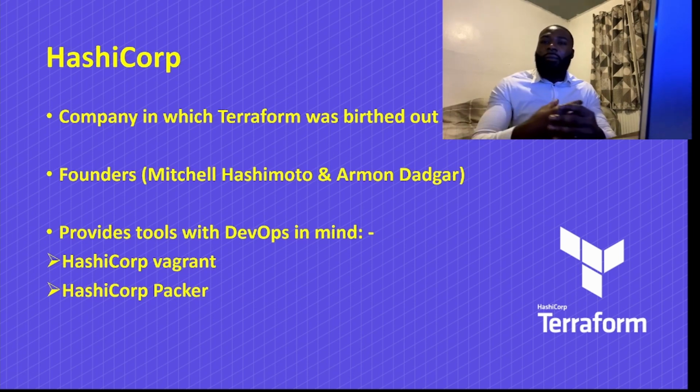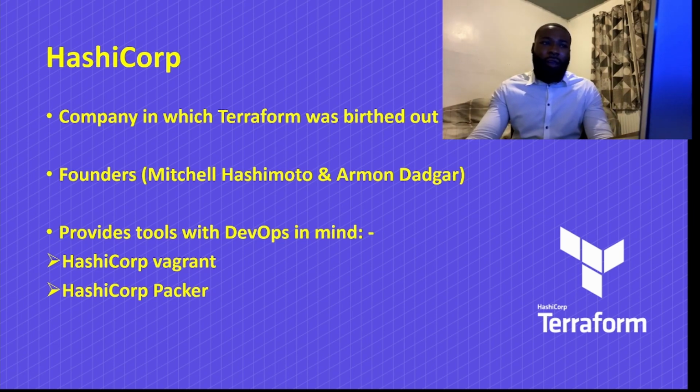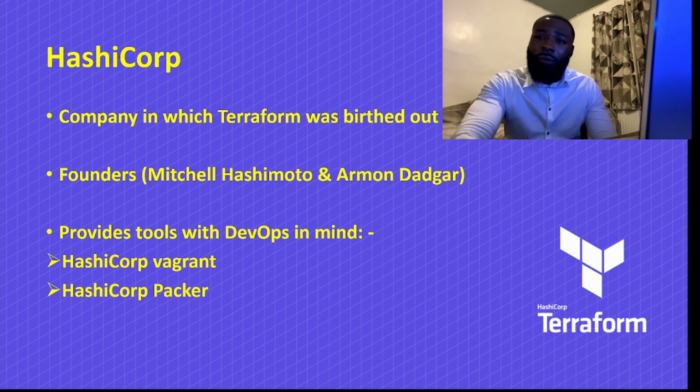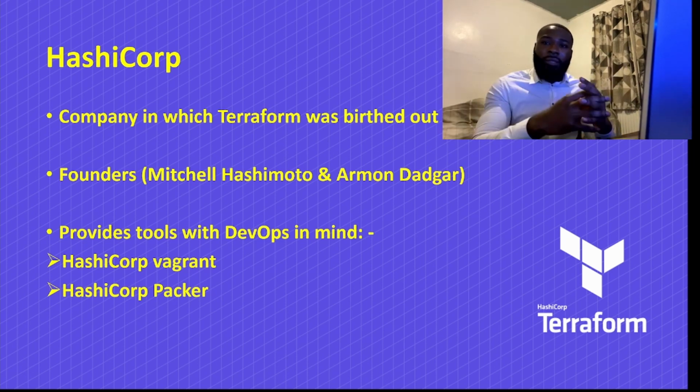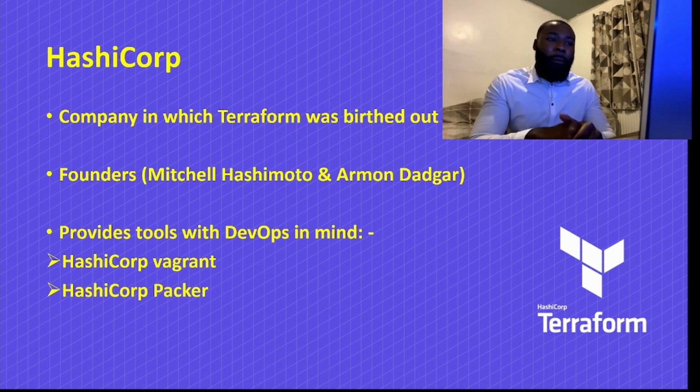Now, just a little bit about the company, HashiCorp. It's essentially the company that gave birth to Terraform, and it was founded by two individuals. The first I've already mentioned, Mitchell Hashimoto, and the second being Armon Dadgar. Now, apart from Terraform, they also do a number of other tools, which I will only talk about two. They provide tools with DevOps in mind. So the first one being HashiCorp Vagrant, and then the second one being Packer.